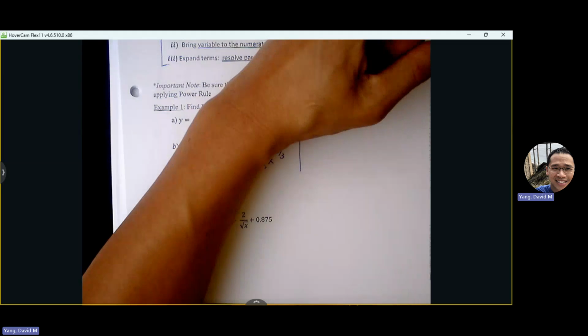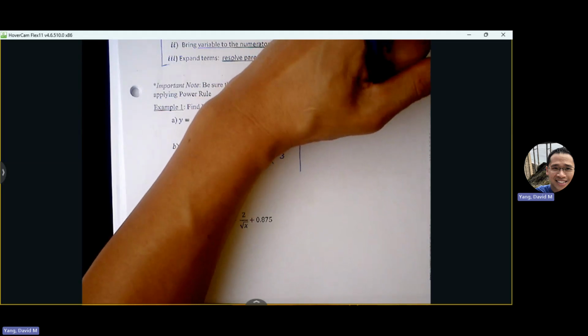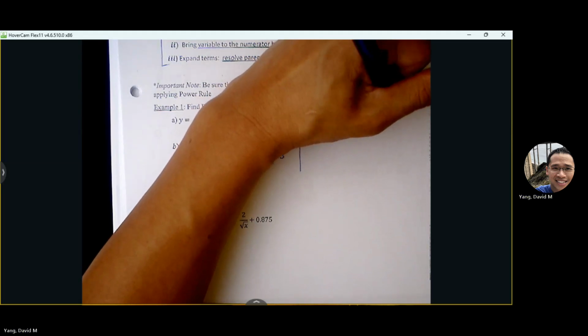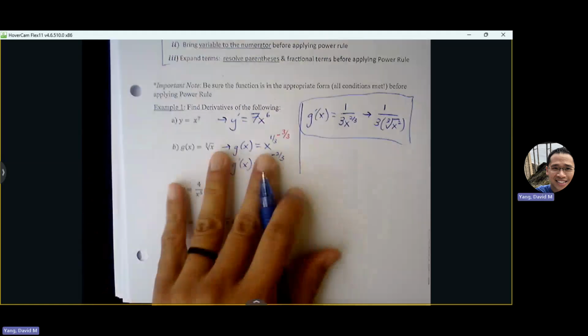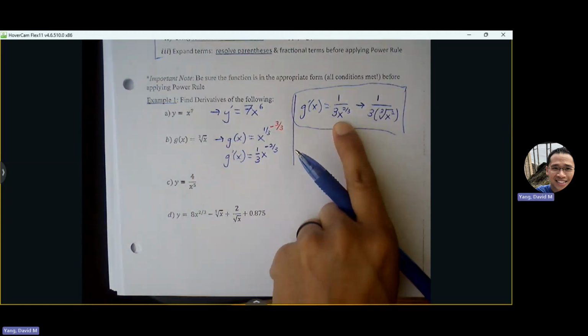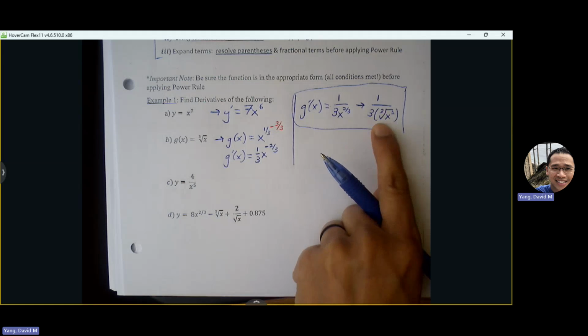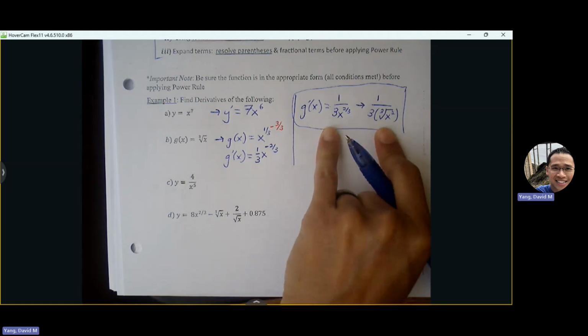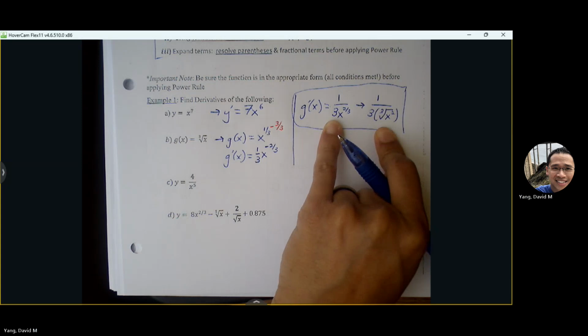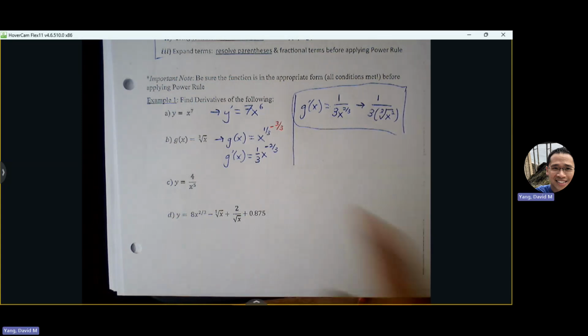Now, if you want to bring a radical back in, you can. So either one is fine. If you want to leave it as rational, you can. If you want to bring the radical back, you can. Again, you never have to rationalize the denominator. So this is fine. This is fine. I just don't want negative exponents.